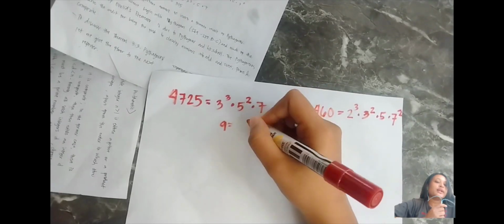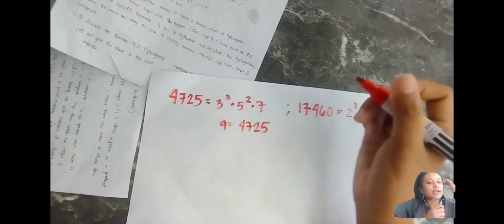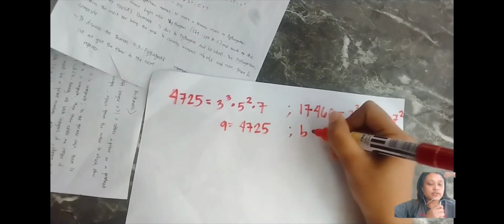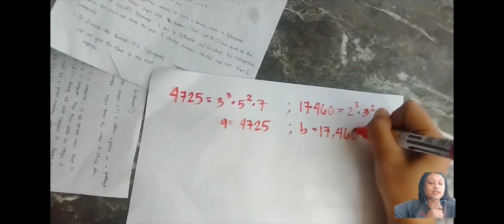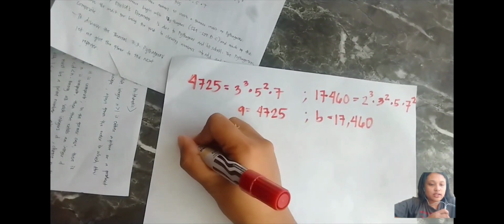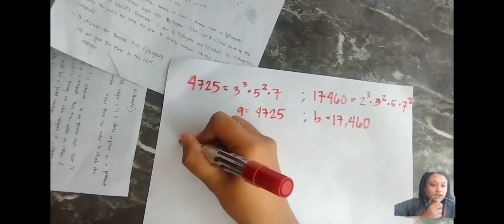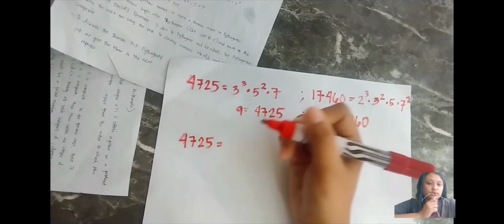So in the case of our previous example, we let a equal 4,725 and b equal 17,460. Let us rewrite the factors. So we have here 4,725 equals 2 raised to the power of 0.